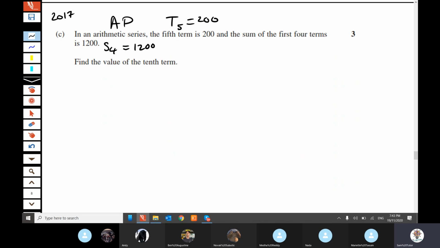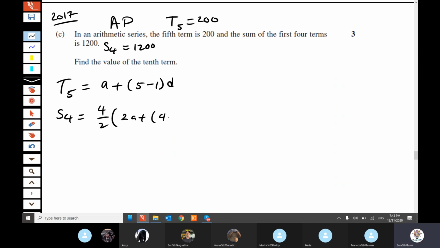2017 paper. T5 equals a plus (n minus 1)d. S4 equals n over 2, 4 over 2, (2a plus (n minus 1)d).